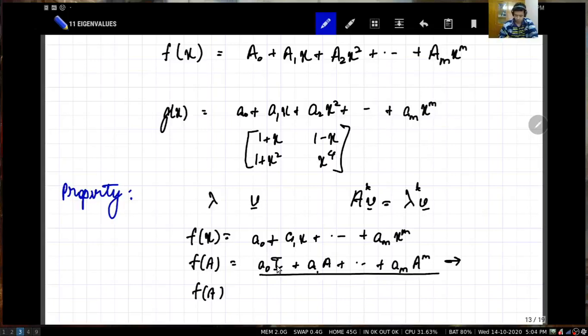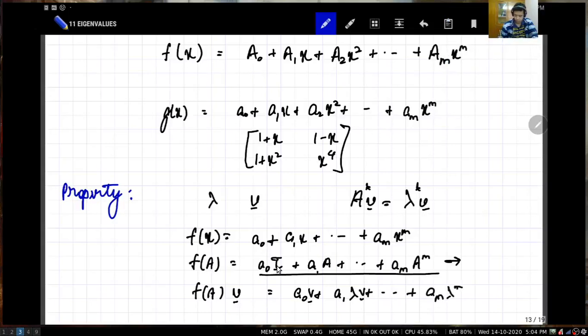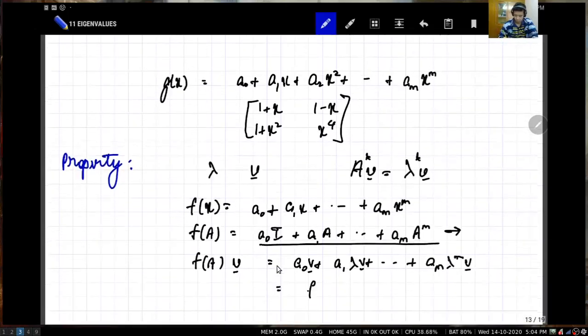So f of A times V will be equal to A0 V plus A1 lambda V and so on plus Am lambda to the m V. This is basically equal to f of lambda, which is a scalar, times the vector V. So this is a useful property that we'll use in the coming lectures.